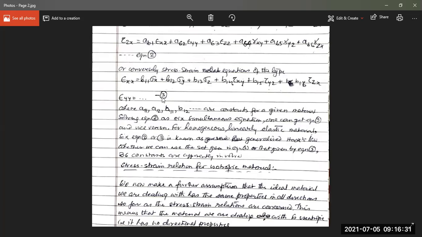Now, the question is, we have to solve these 6 simultaneous equations, and we also get 6 equations of set 3 and vice versa. Now, these 6 equations of sets 2 and 3 are known as the generalized Hooke's law itself. And whether we use this set of equations or that given in equation 3, the constants are approximately involved itself.